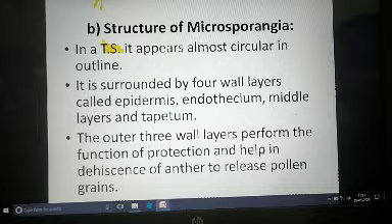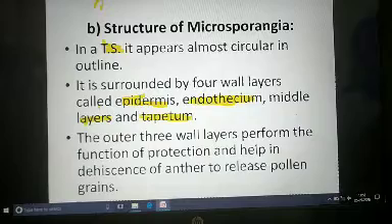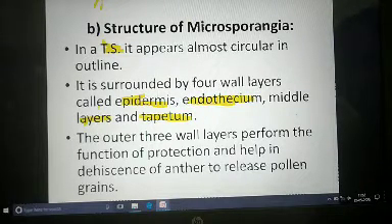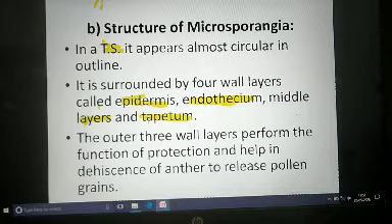It is surrounded by 4 wall layers. The epidermis is the outermost layer, the second is endothelium, and the third layer is called middle layers. The last layer is tapetum. So the four wall layers are epidermis, endothelium, middle layers and tapetum.